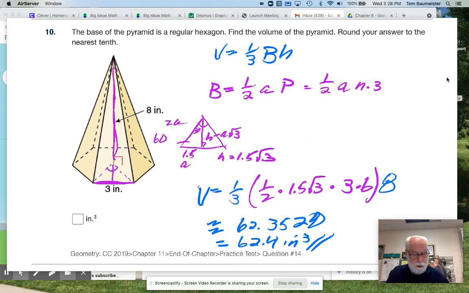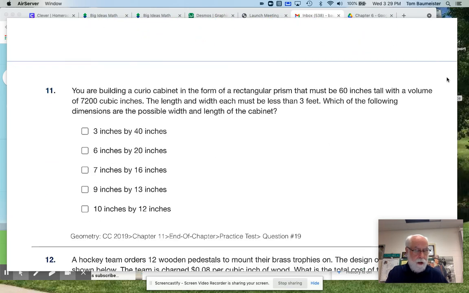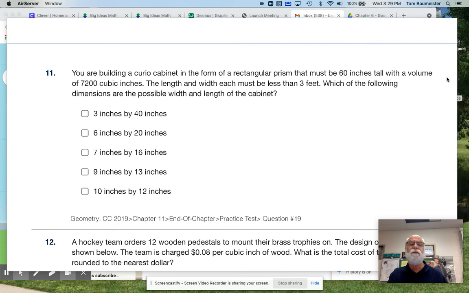All right, number 11. Now on this one here, you just kind of have to think. So you are building a curio cabinet in the form of a rectangular prism that must be 60 inches tall with a volume of 7,200 cubic inches.